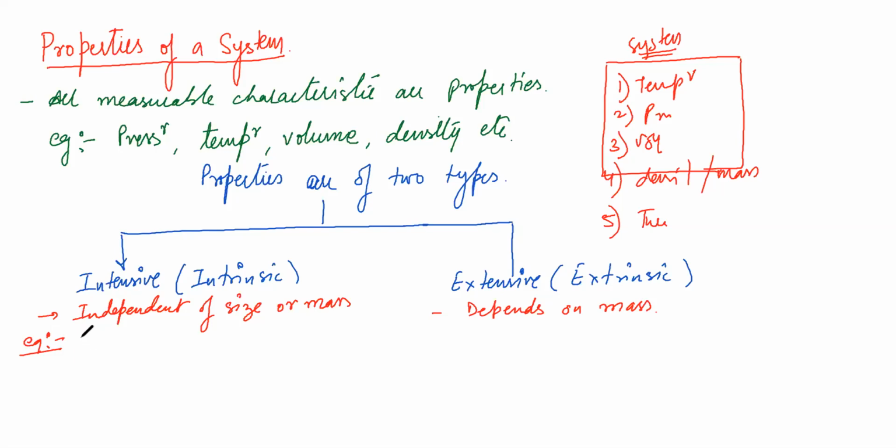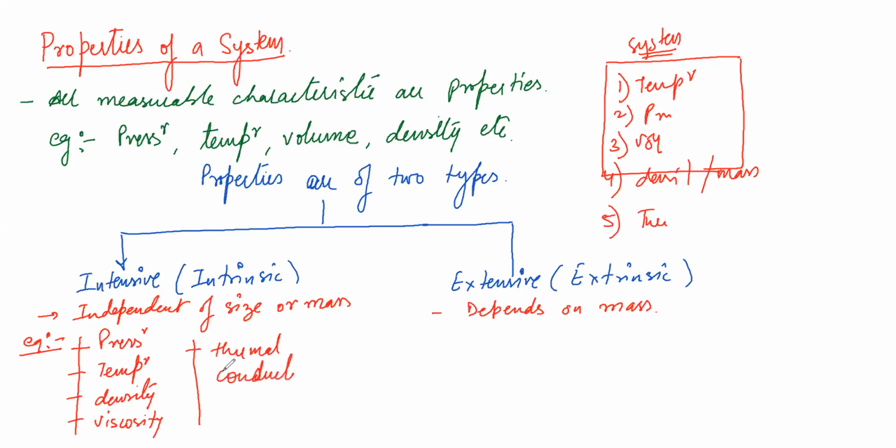Here we have pressure, temperature, density, viscosity, thermal conductivity, etc. So these are the intensive properties.